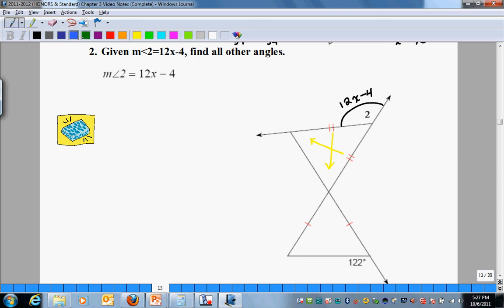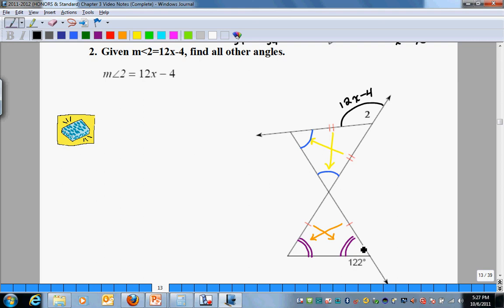And I see that these two angles here across from the hatch marks must therefore be congruent. If I follow these hatch marks, I can see that these angles right here must be congruent.